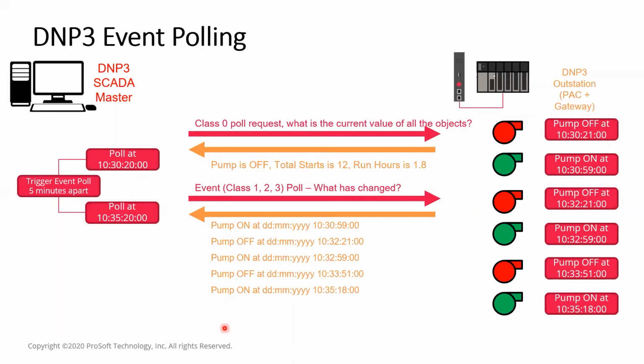So now you have a significantly more accurate picture from that side to say, okay, my pump did go on and off several times. Do I need to investigate? Is that normal? Is that an alarm condition? Should I investigate? Do I need to bring forward the maintenance on the pump? So these are all of the things that you can do when you have reliable data from the remote site.